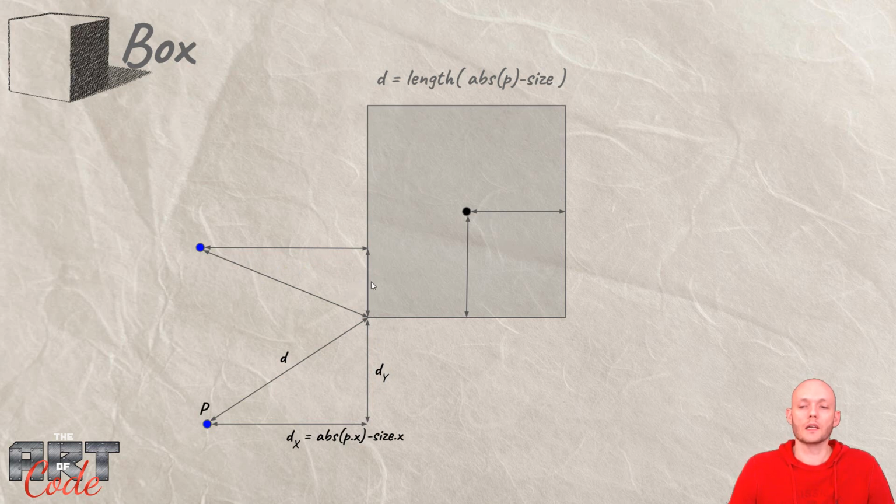But negative doesn't really matter for Pythagoras because it gets squared. That's why I get this distance. In this case, I just want this distance, right? I don't want this distance. So what I can do is say, if any of my dx, dy, or dz gets negative, then just make it 0.